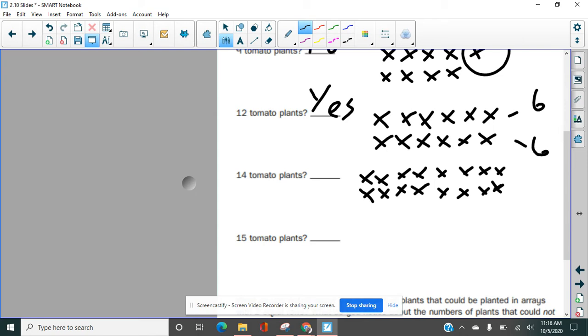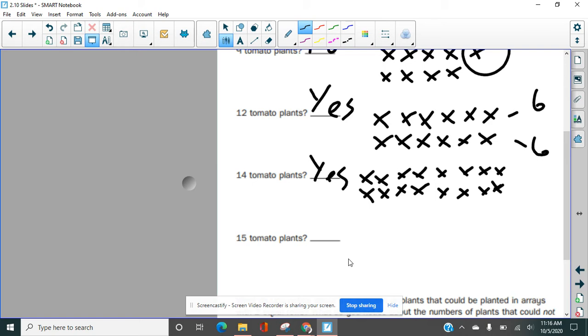Did the 14 tomato plants come out even in 2 equal rows? Yes, they did, right? So a yes here. All right, go ahead and do the last one there. 15 tomato plants. Draw your picture and decide yes or no.